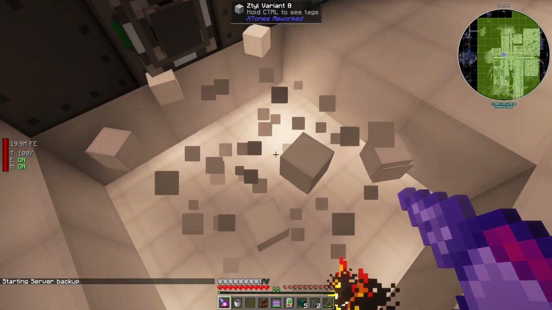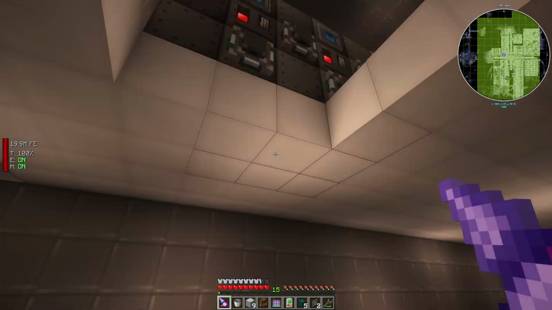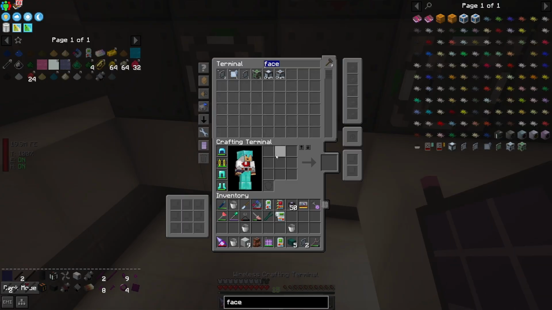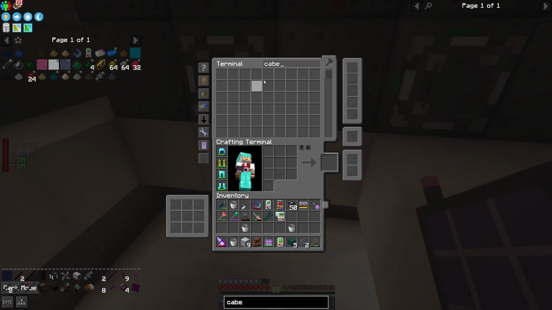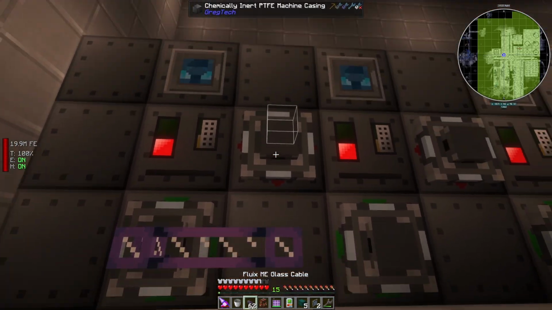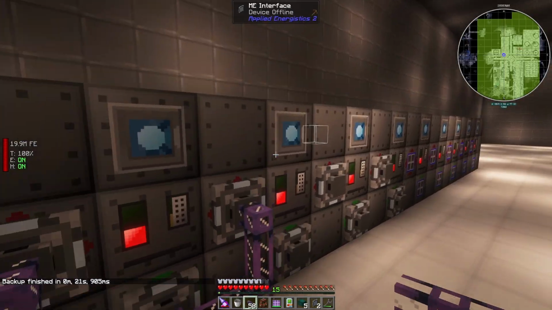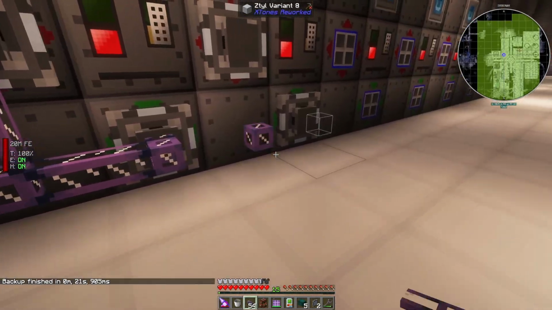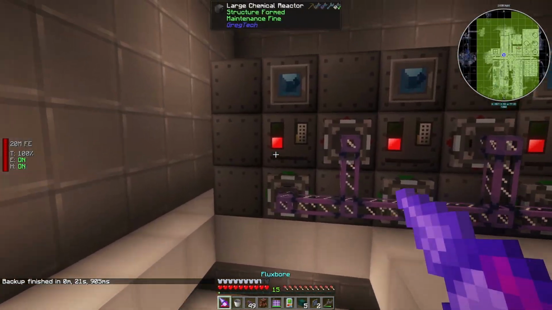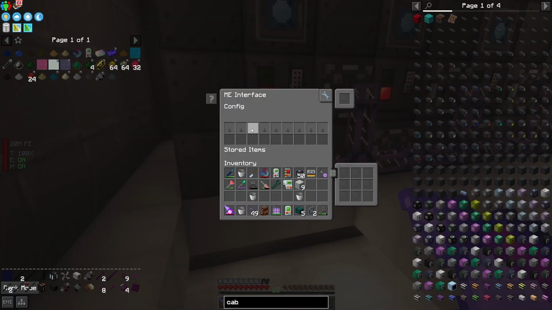And let's see, do I have... Okay, so there's the cabling. Let me get some cable. So obviously I'll get the faces over on the other machines as we get to those parts.